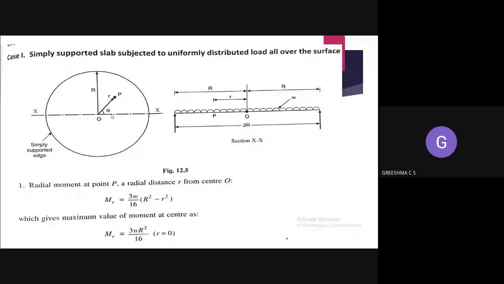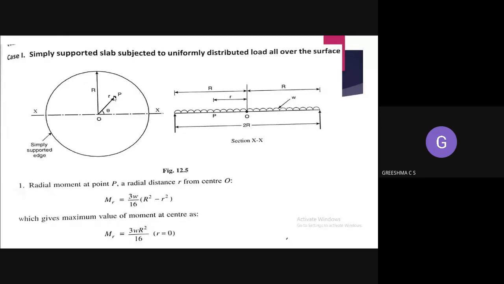Next, here you need to learn an equation by heart. That is the radial moment at the point P at a distance of r from the center O. Since it is a circular slab, here you will have radial moment and circumferential moment, unlike a rectangular slab.